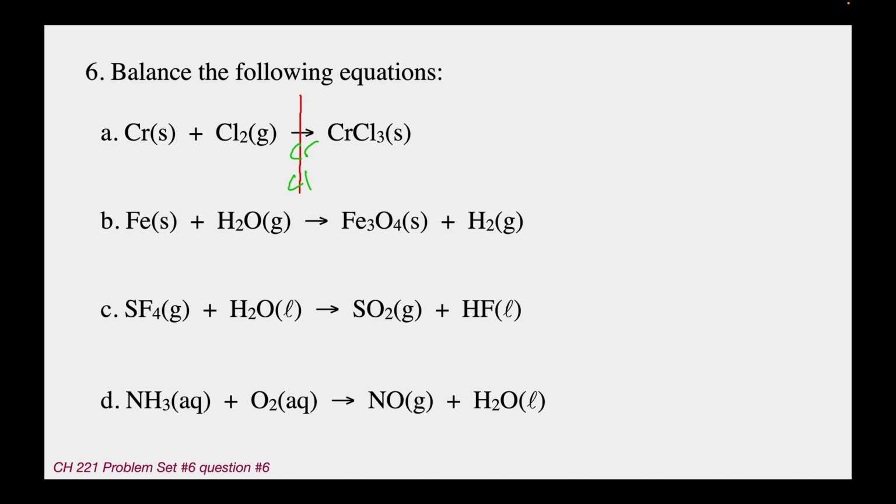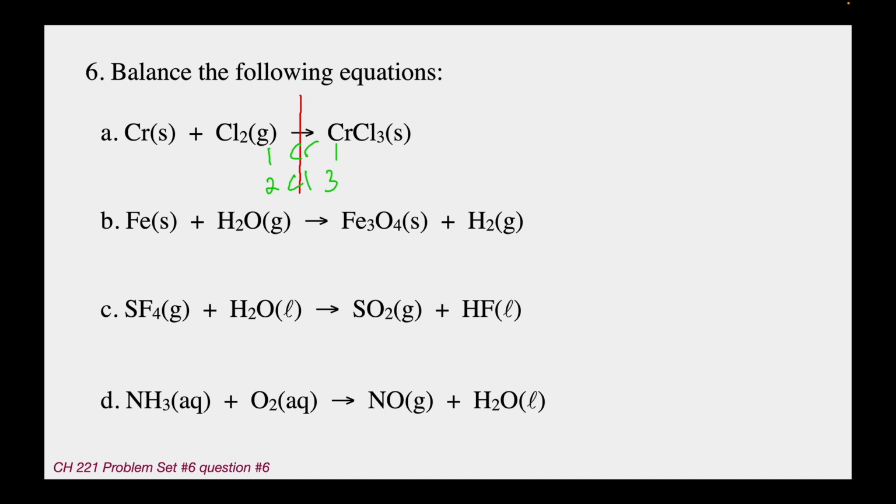On the left side, there's 1 chromium atom, and Cl2 would have 2 Cl atoms. Now, if this is a balanced reaction, the right-hand side should have the same numbers as the left side. But as we talked about, they're not the same. We have 1 chromium, and CrCl3 has 3 chlorine atoms. So this reaction is certainly not balanced.